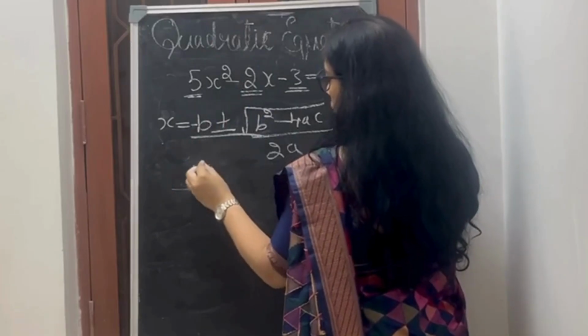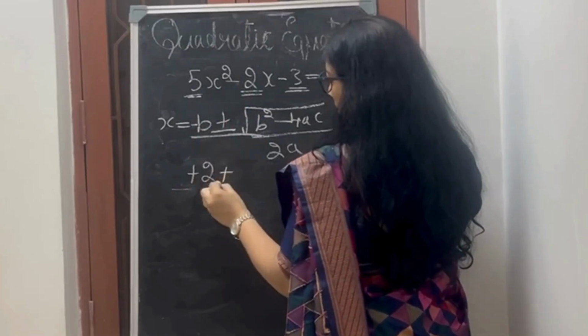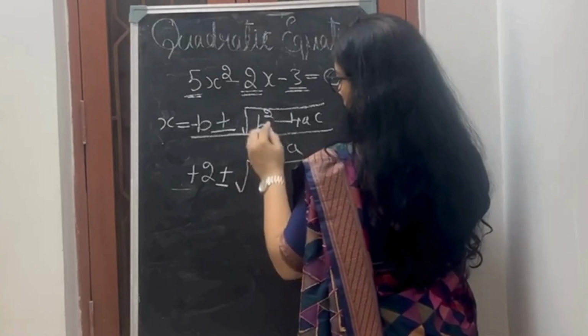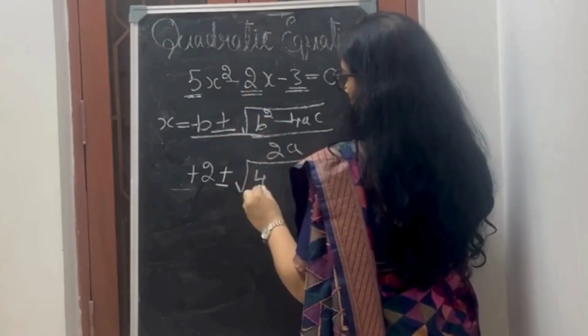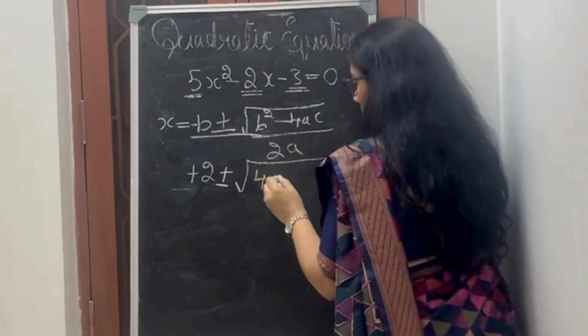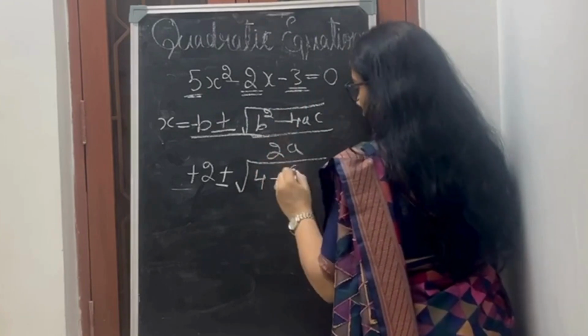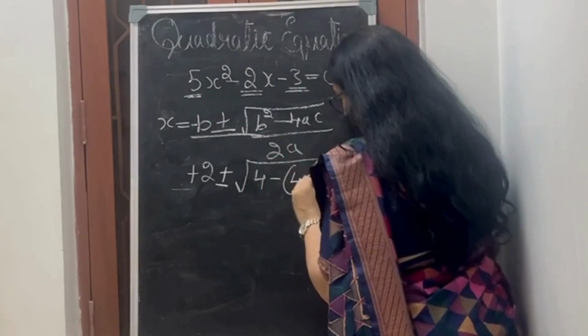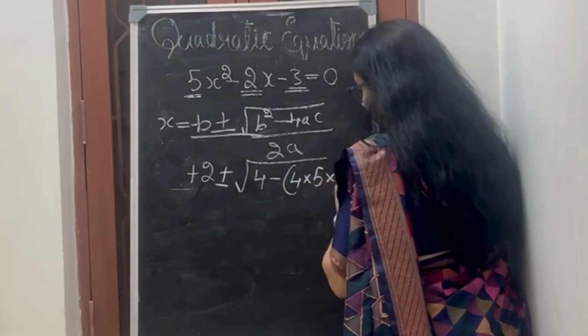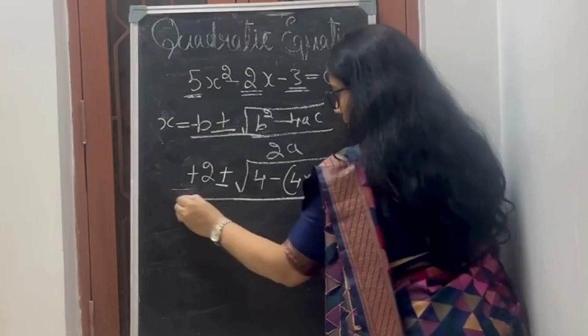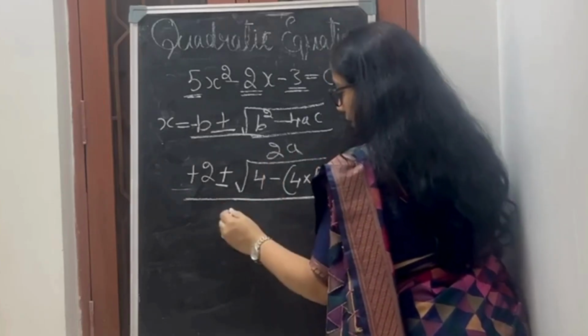So that is plus 2. Plus 2 plus or minus square root of b square. B square is 4. Then minus, here minus sign. Then 4 into 5 into minus 3 by 2a. 2 into 5 is 10.